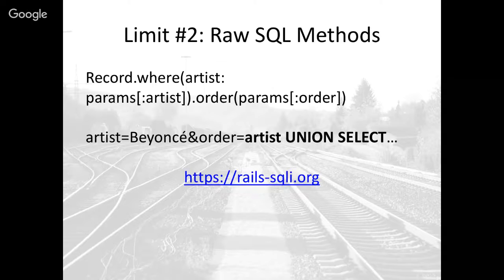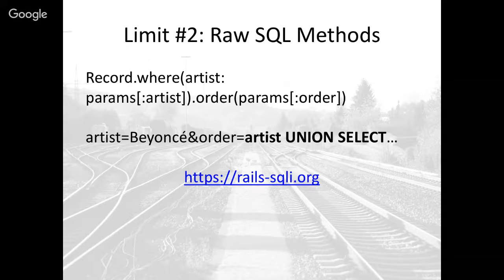Yeah. So another limit of this is there are certain methods in Rails, and I don't have time to go through a list of all of these. There are certain methods such as order, which will be the most common one we would see, where actually it's not just accepting a name of something to sort on, it's accepting any SQL fragment that you care to pass into it.